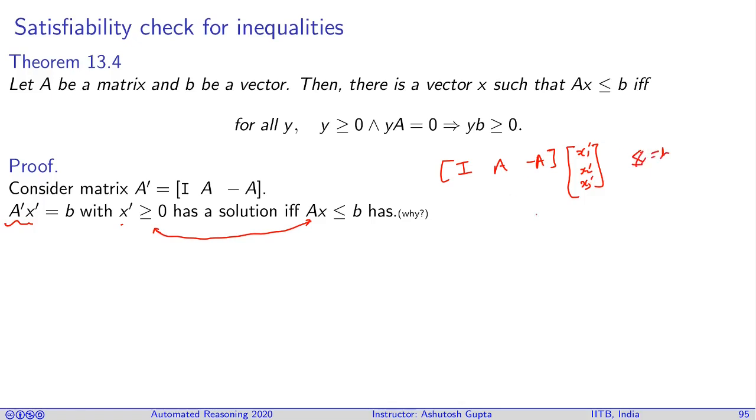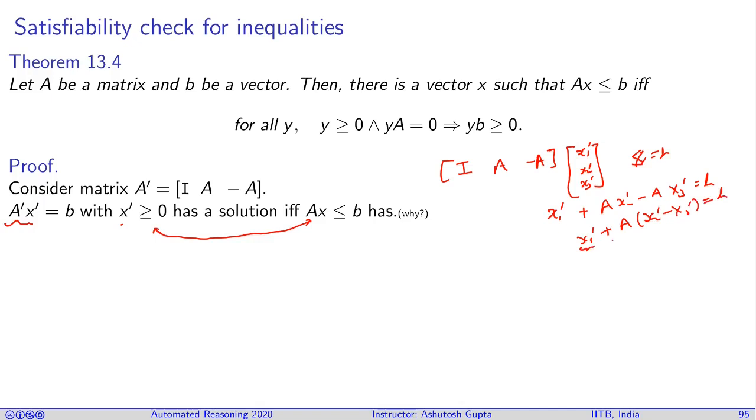If you multiply it, you find x1 prime plus A x2 prime minus A x3 prime equals to b. And it further simplifies to x1 prime plus A times (x2 prime minus x3 prime) equals to b.